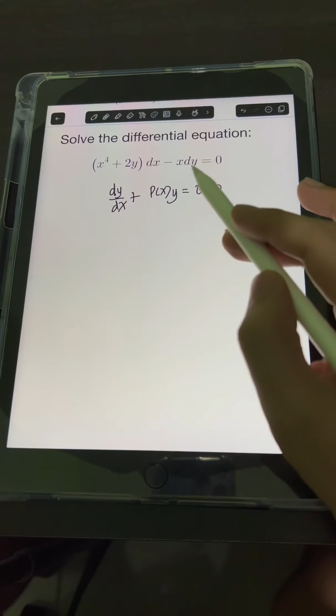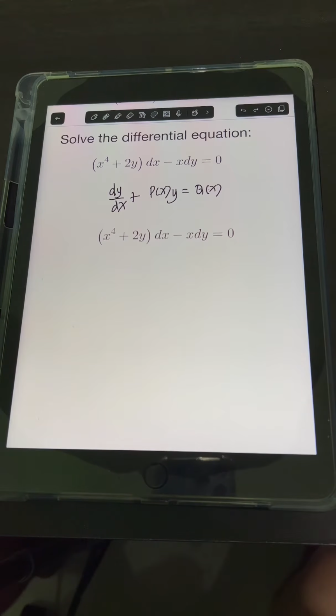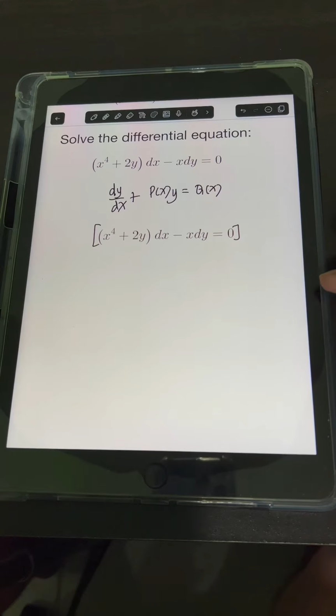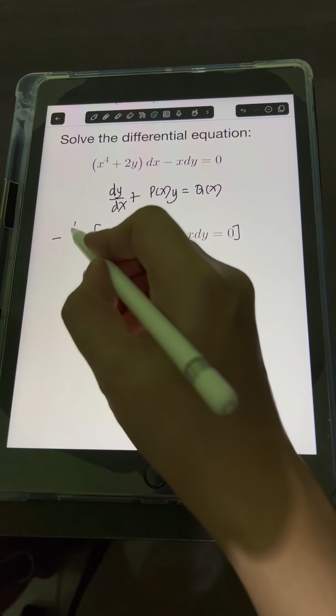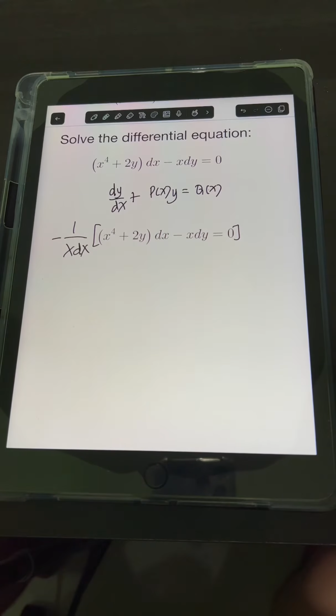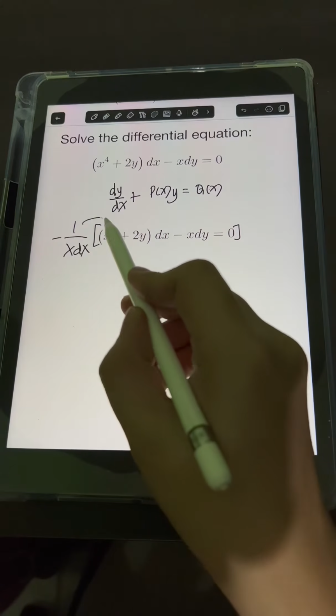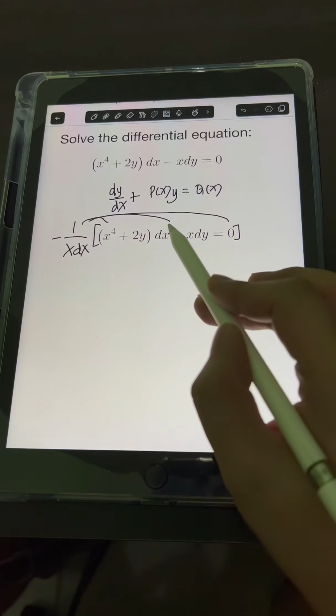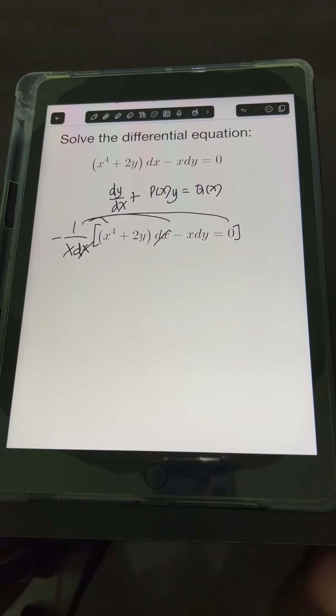This can be transformed into dy/dx + p(x)·y = q(x) if we just manipulate the equation. To do that, we can multiply both sides of the equation by −1/x dx. Distributing this term on both sides, for the first term, we can cancel out this dx.